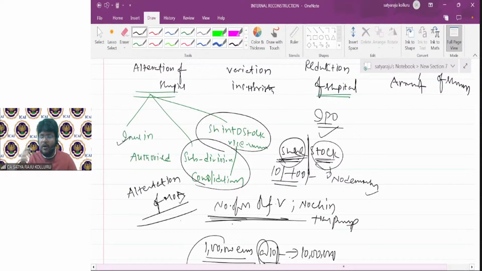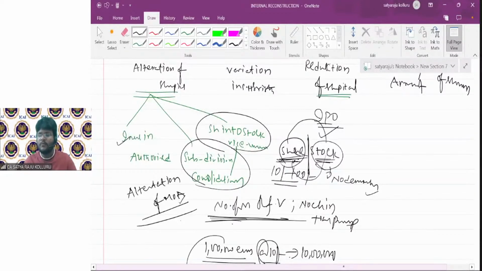But if the company already issued shares and such shares are fully called up and fully paid up, then the company can go for conversion of share into the stock. And after conversion to stock, if the company doesn't want to continue it as a stock, again it can convert into the share as well. Vice versa, both are possible. But in the initial public offer, no company is eligible to issue stock directly to the public.